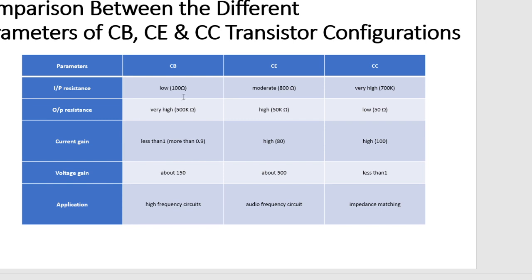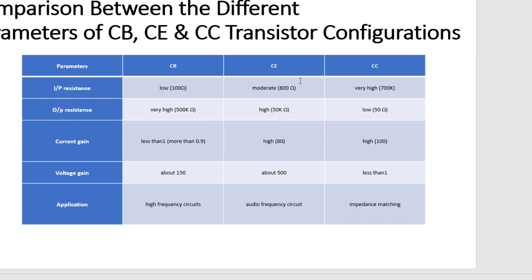The CB configuration circuit is widely used in high frequency circuits. So, I repeat, it has a very low input resistance, a very high output resistance, the current gain is less than 1, the voltage gain is high, and it is used in high frequency circuits.